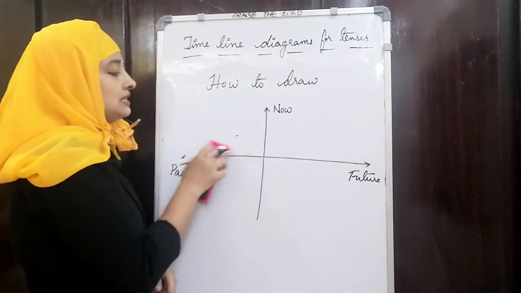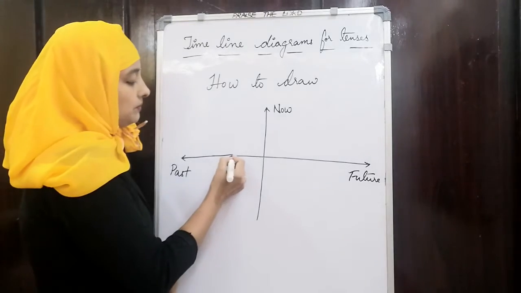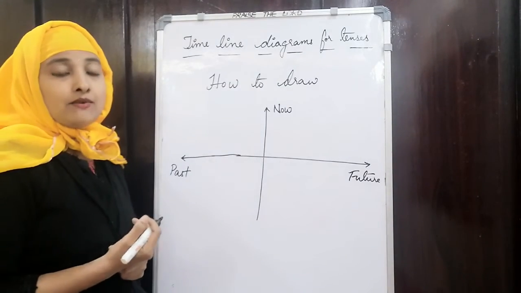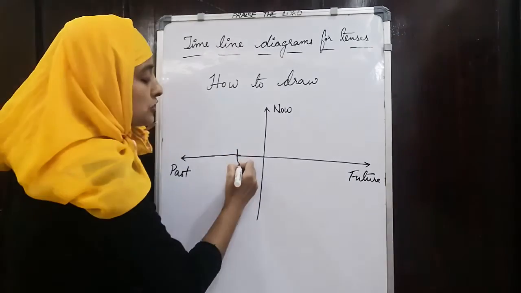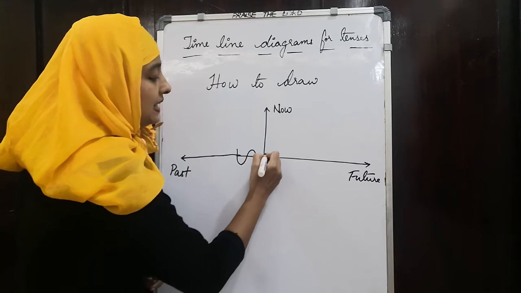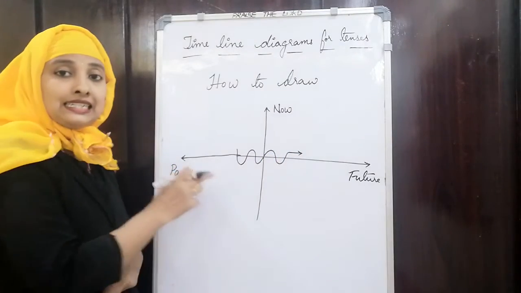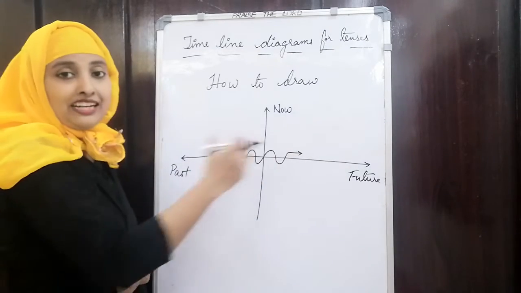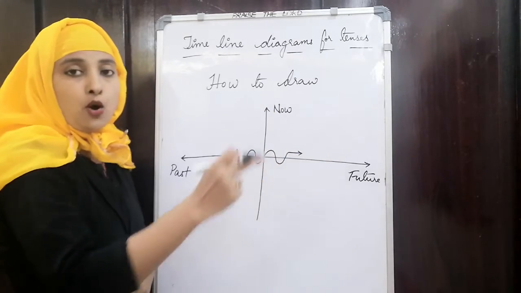Now, suppose we want to represent an ongoing event. Like I have said, when an event is in progress, or in progression, it will be represented like this. It means it is continuing. We don't know when it started and we don't know when it will end, but at the moment it is still going on.